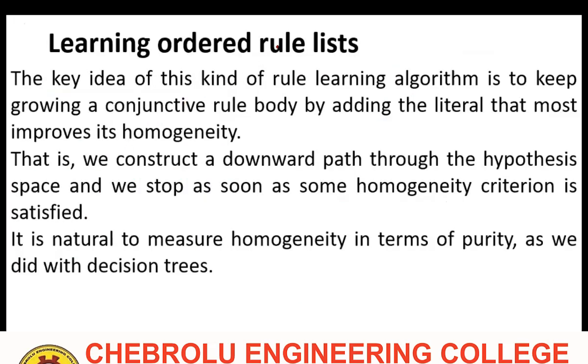Learning ordered rule lists, first part. The key idea of this kind of rule learning algorithm is to keep growing a conjunctive rule body by adding the literal that most improves its homogeneity.